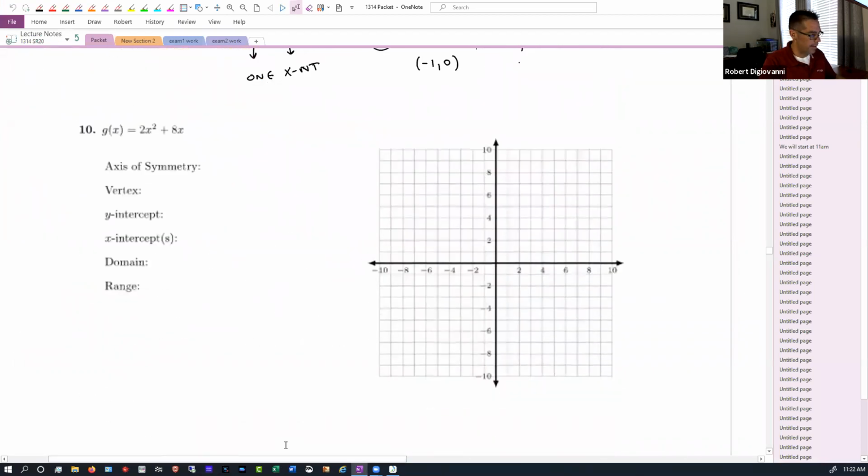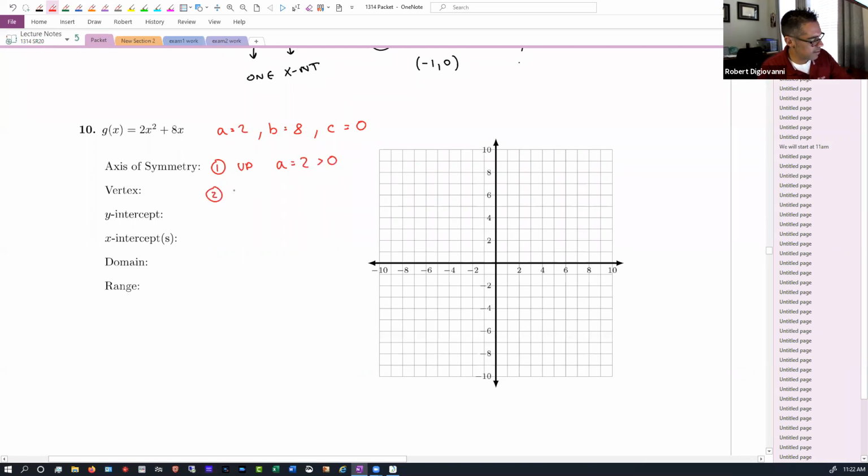Okay, try it again. A was 2, B was 8, C was 0. All right, so it opens up because A is a positive number.